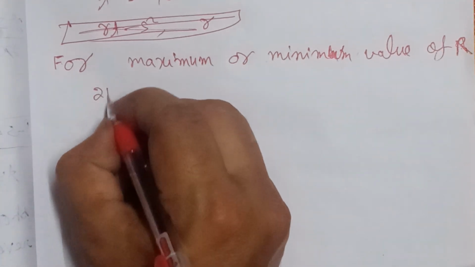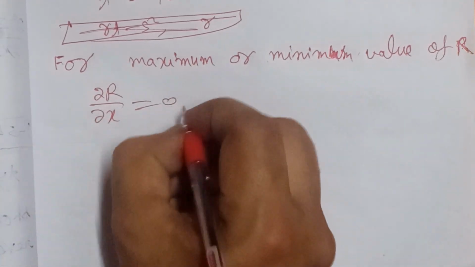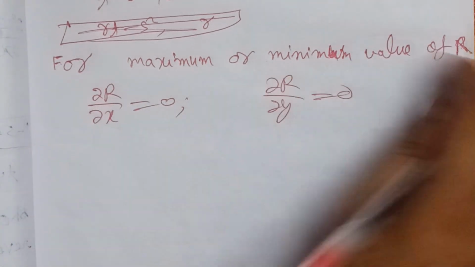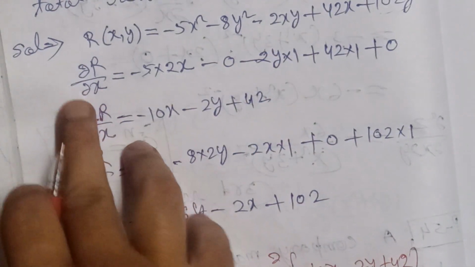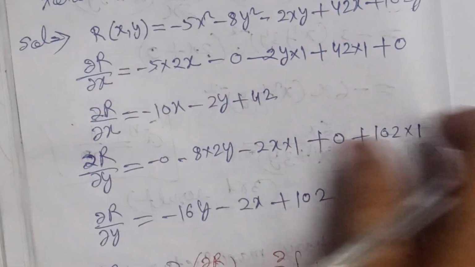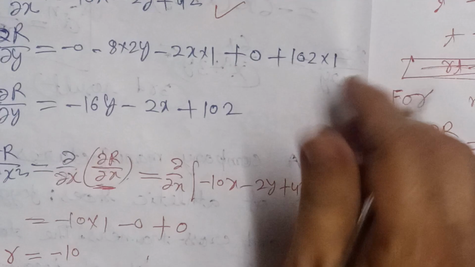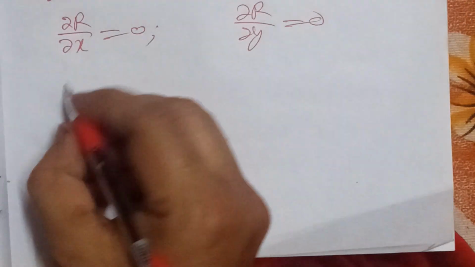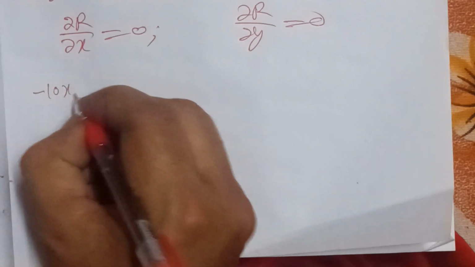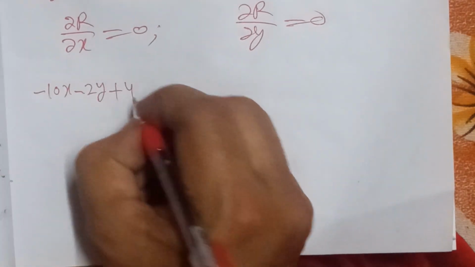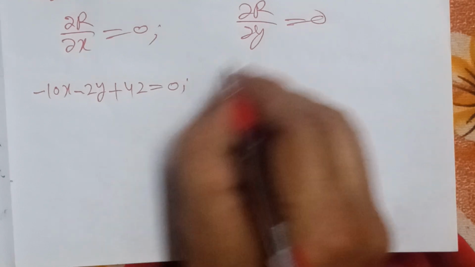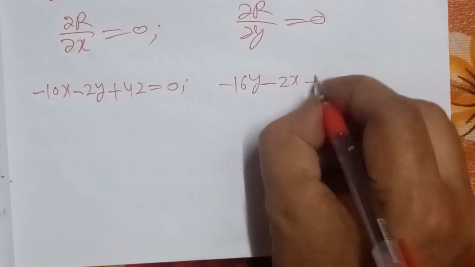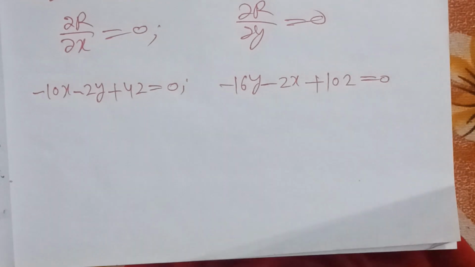We know that del r over del x is equal to 0, and also del r over del y is equal to 0. This value we have found in earlier steps, this value and this value. So I put this value, which is minus 10x minus 2y plus 42 is equal to 0, and this value is 16y minus 2x plus 102 is equal to 0.